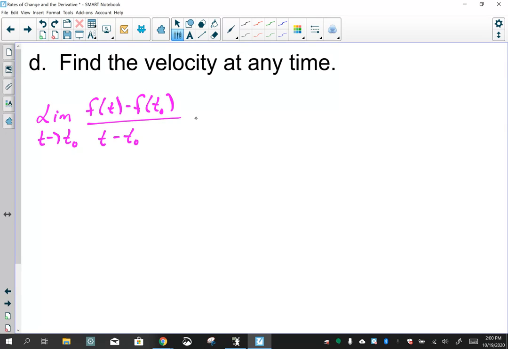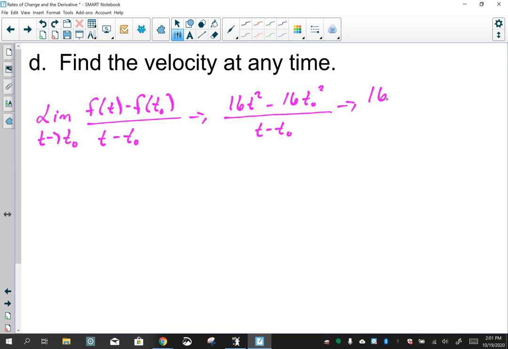So plug everything in that we know. Well, we know f of t is 16t squared minus 16t sub 0 squared all over t minus t sub 0.